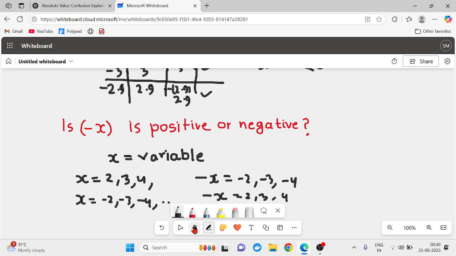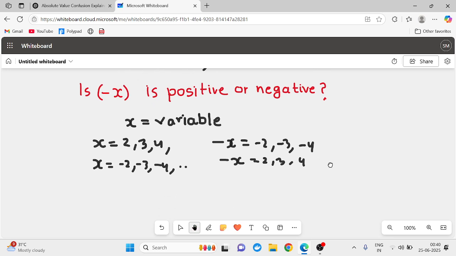Right? So minus x can be positive, minus x can be negative. So it's a variable. So what we correlate between these two is like mod x, whenever we take minus 2 in this particular question.